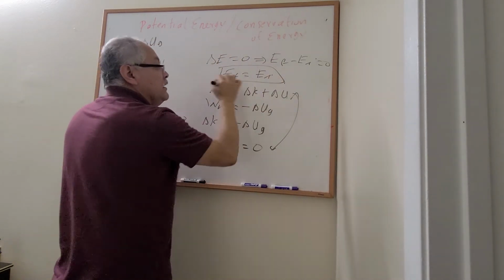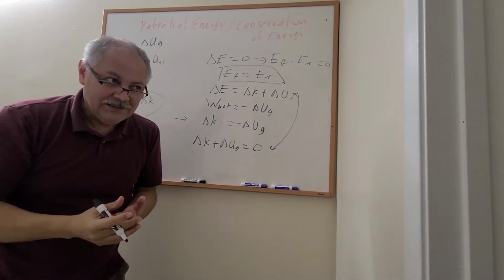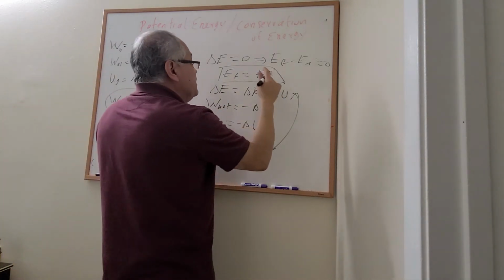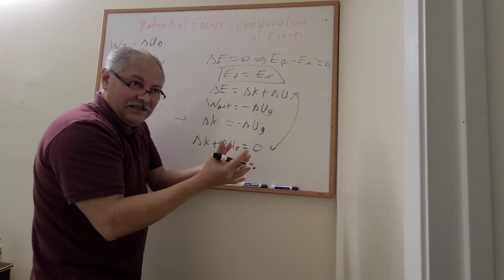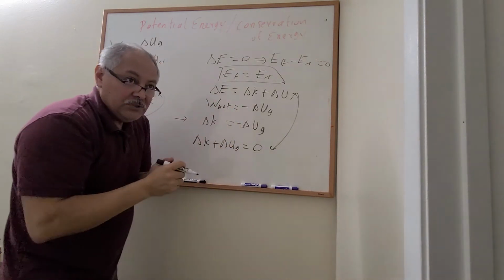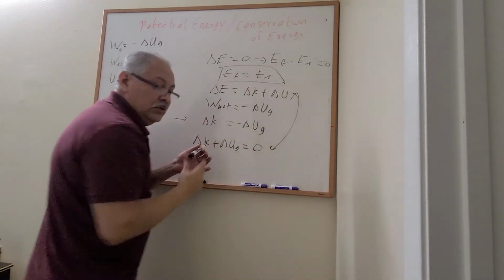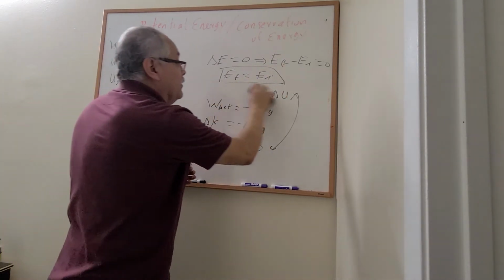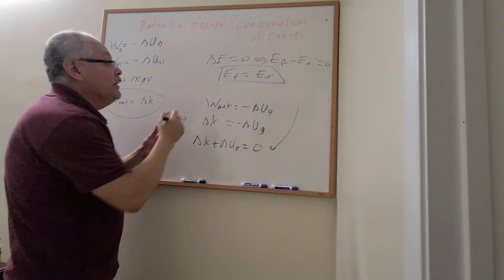This means that energy is conserved. So we have the conservation of energy. It's the same at the beginning and at the end, and doesn't depend on time. This is a very important conclusion, and we call this the conservation of mechanical energy.